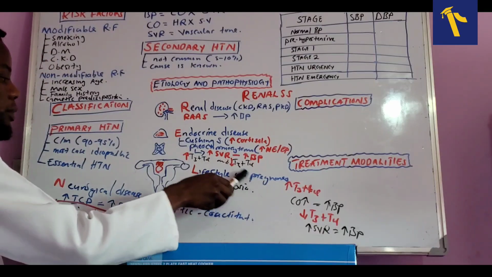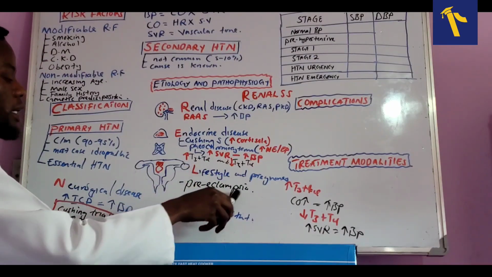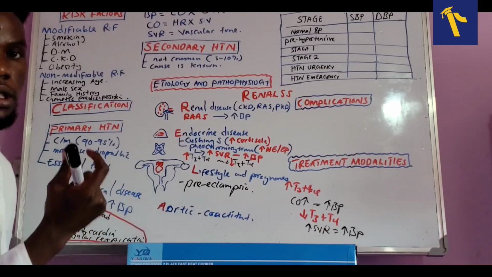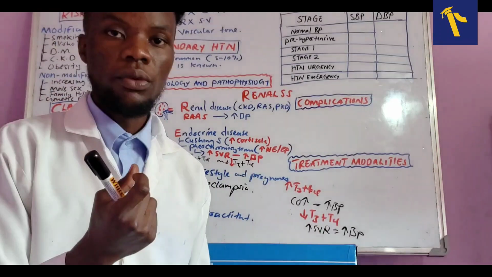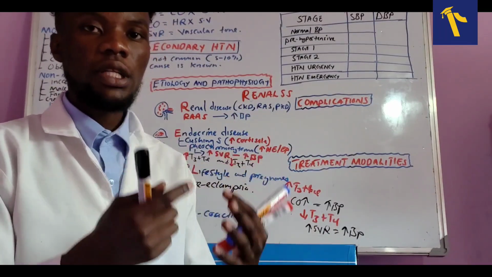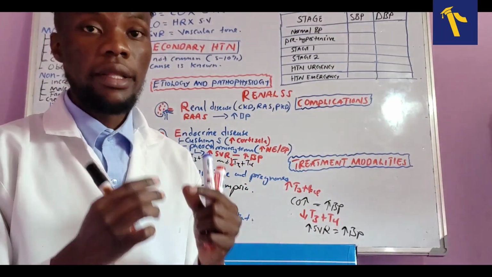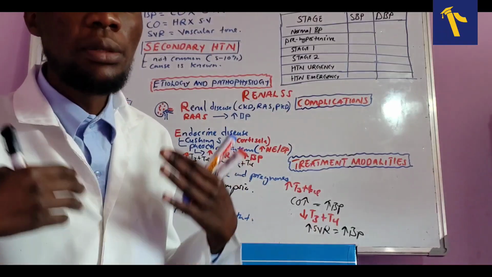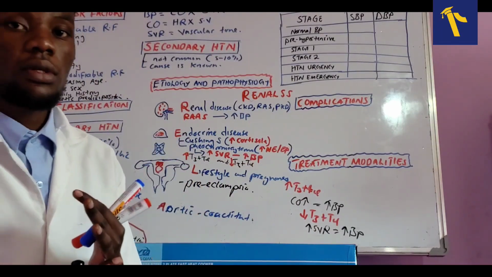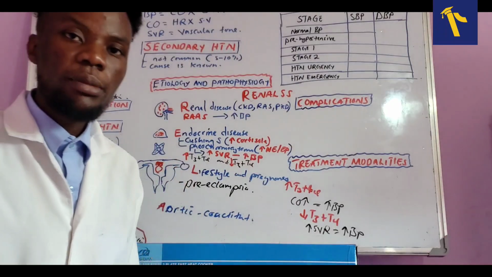The pathophysiology of preeclampsia is that the fetus is not receiving enough oxygen, or there is placental insufficiency. If there is placental insufficiency or the fetus is not receiving enough blood, the placenta will react by producing massive cytokines that go to the blood vessels and cause vasoconstriction.